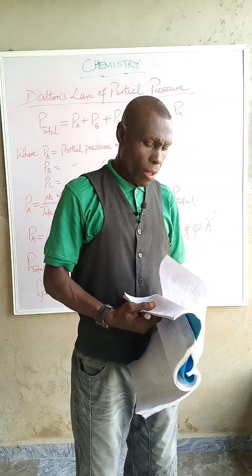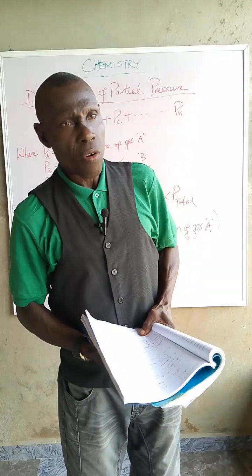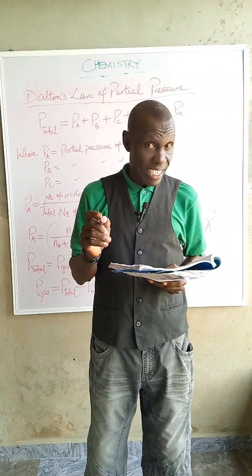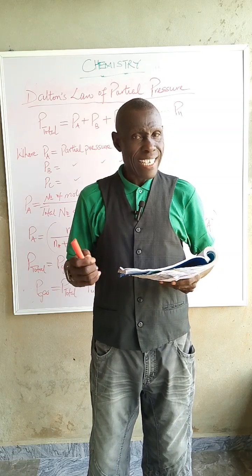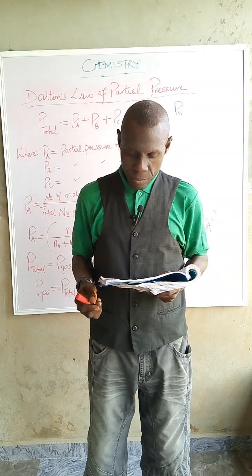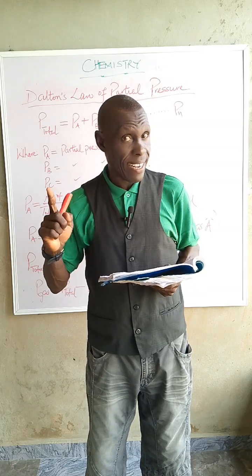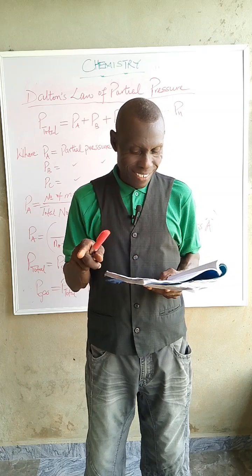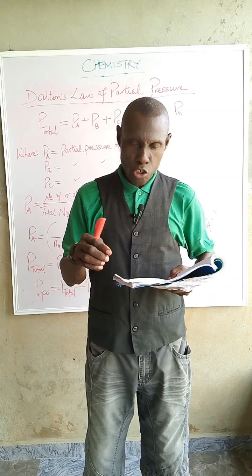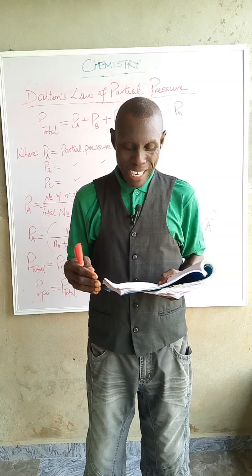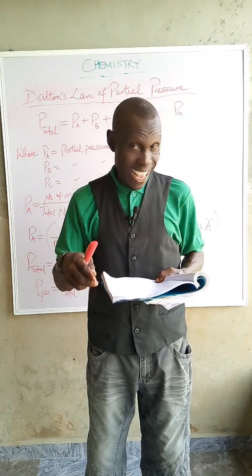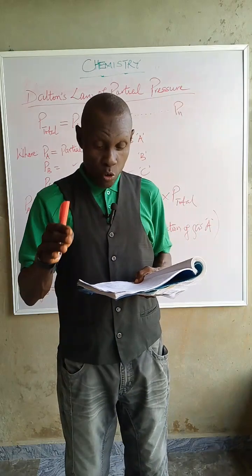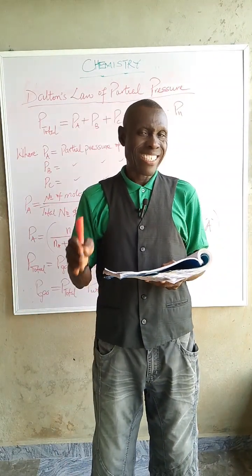Now, the law states that in a mixture of gases which do not react chemically together, the total pressure of the mixture of gases is equal to the sum, that is the total, of the partial pressure each gas would exert if it alone occupies the whole volume of the container at the same temperature.